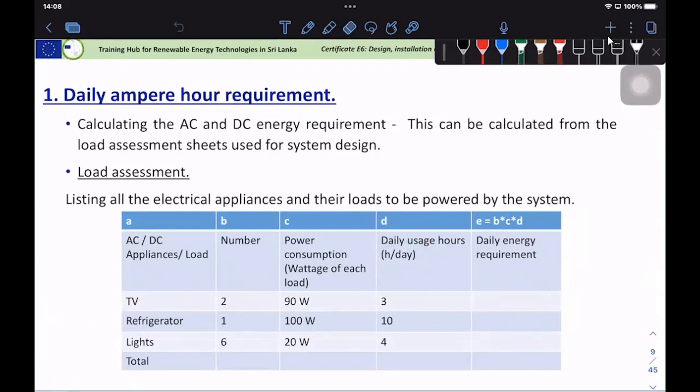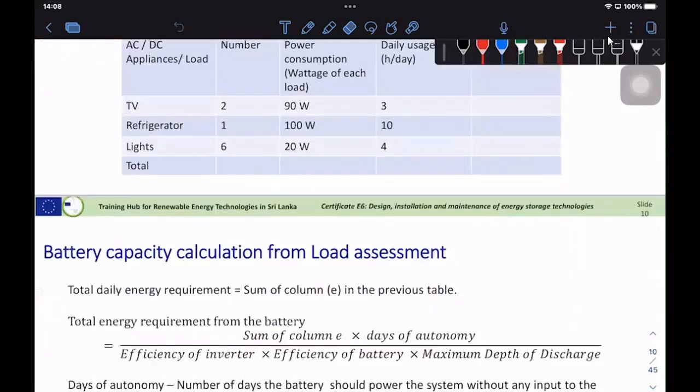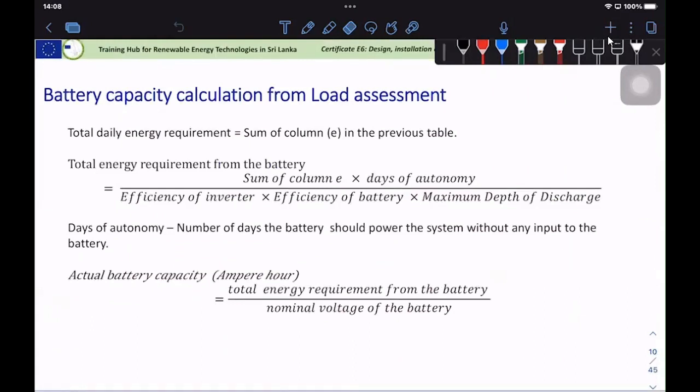After calculating this load assessment, we can use this equation for calculating the total energy requirement from the battery, or the battery capacity needed for the battery energy storage system. In that equation we have different parameters.